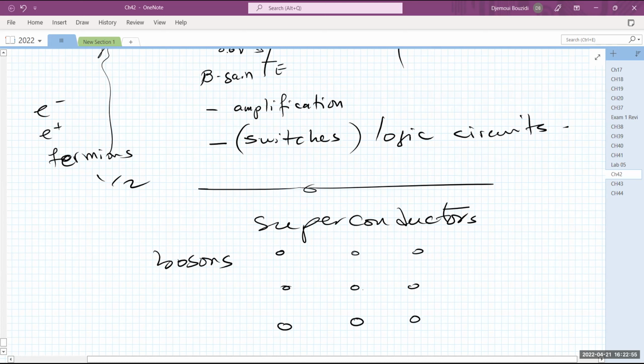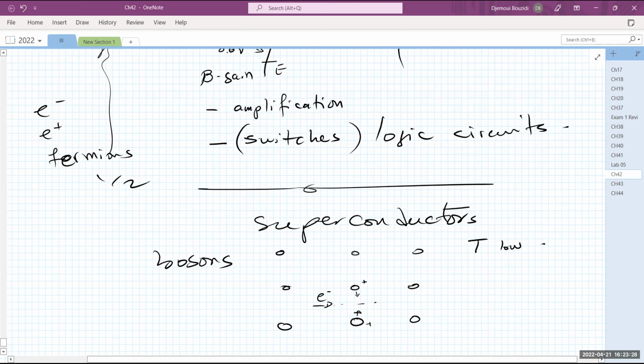They will be hardly moving at very low temperatures, when T is very low. So if an electron passes by, it's going to drag these positively charged ions slowly. The material is still neutral. So this is an ion and this is an ion. They get closer, attracted to that electron as it's passing by.